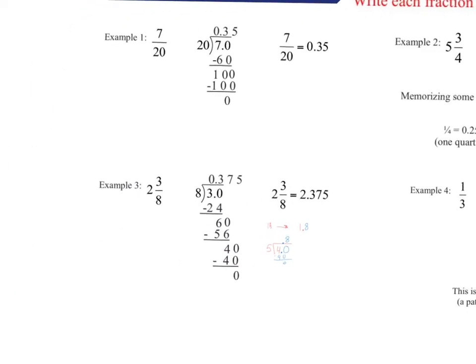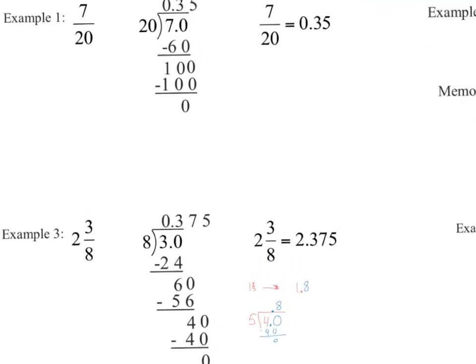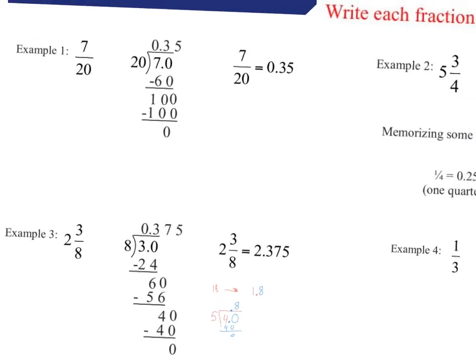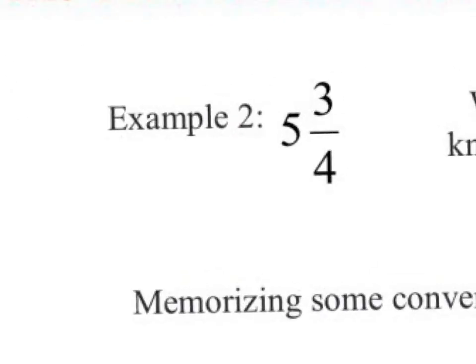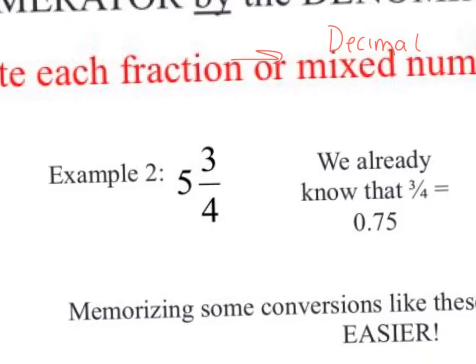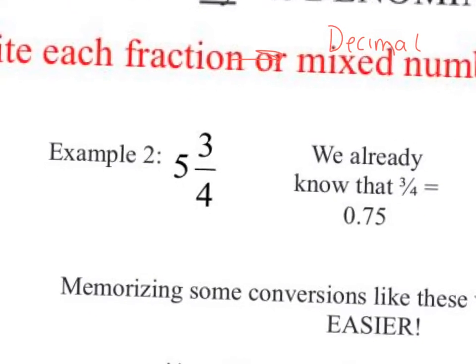So when you are changing fractions into decimals, you divide. You guys try this one. Change that into a decimal. So right now we're just changing it into a decimal. So when I do that, I know it's 5 and, so I know it's 5 point.